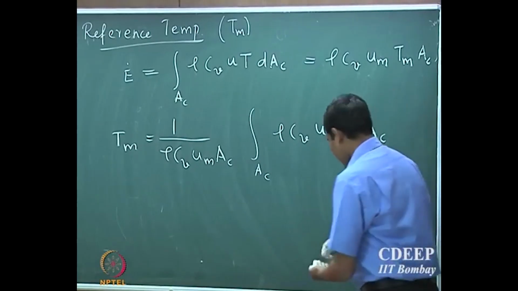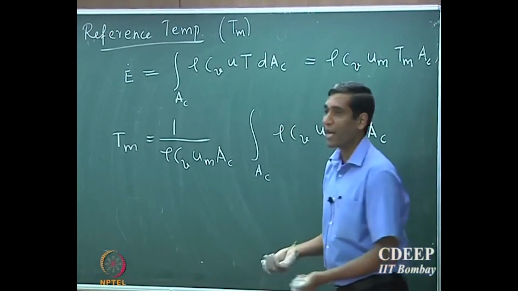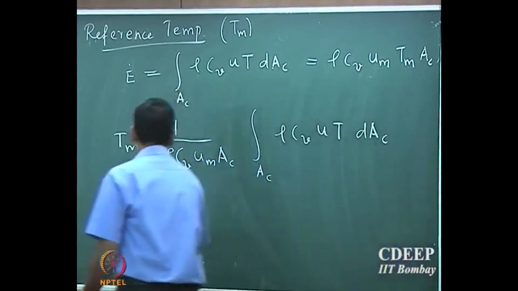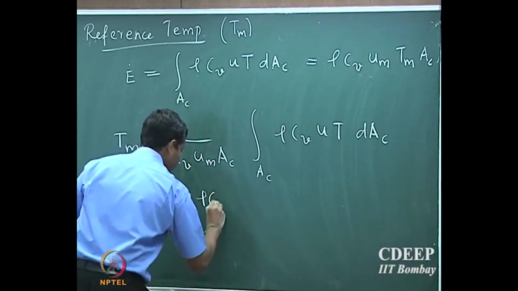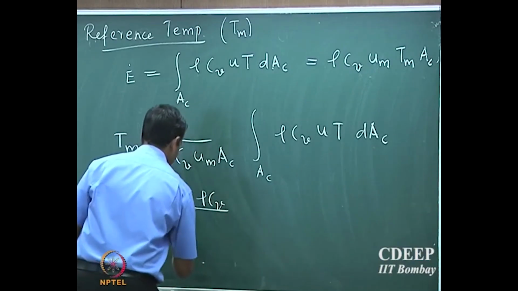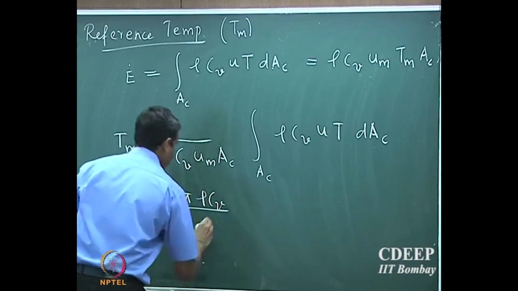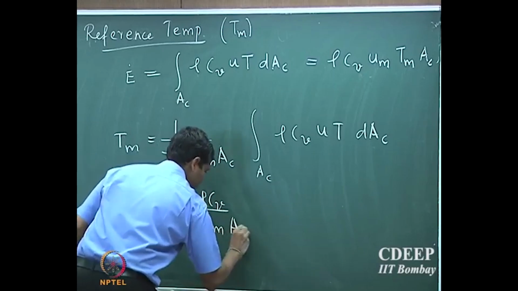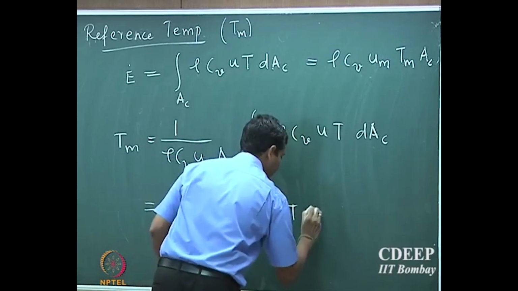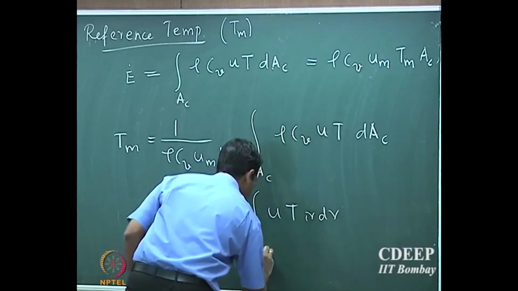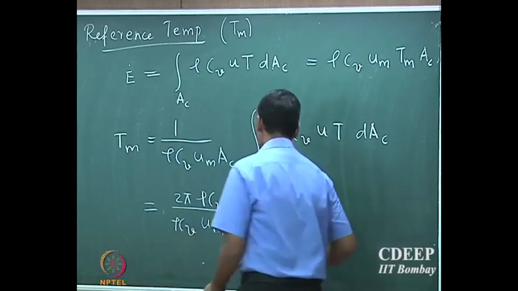I can write dAc as 2 pi r dr. So that will be 2 pi into rho Cv, if it is an incompressible fluid, over um Ac, integral of u into T into r dr, from 0 to r naught.